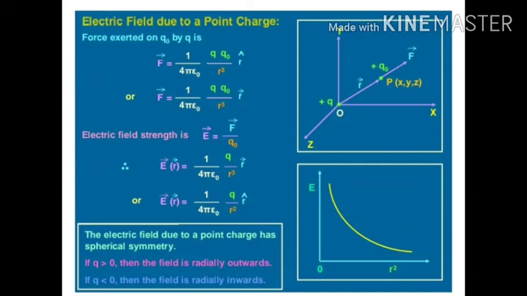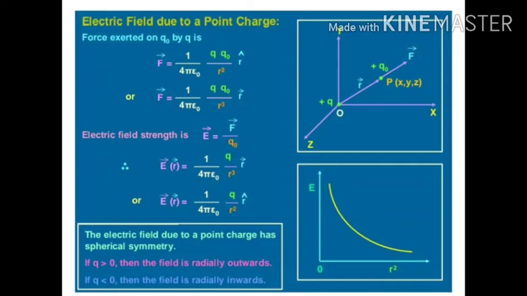Now using r cap as r vector by r, we can find F is equal to 1 by 4 pi epsilon naught Q Q0 by r cube r vector. Electric field strength is E vector is equal to F vector by Q0. So E as a function of r vector is equal to 1 by 4 pi epsilon naught Q by r cube, the r vector. The graph shows the variation of electric field with distance.